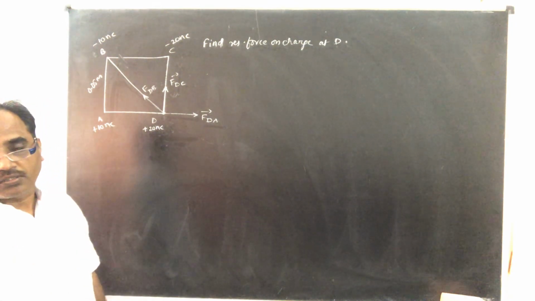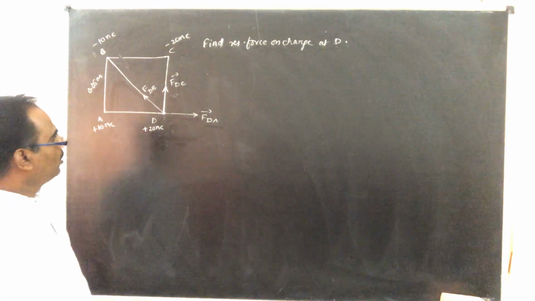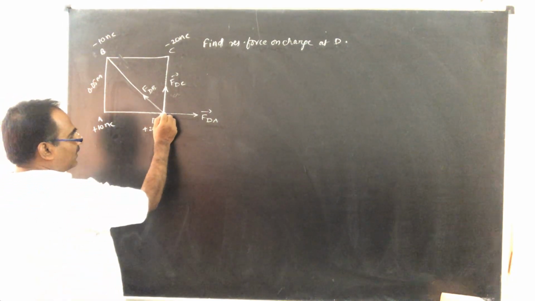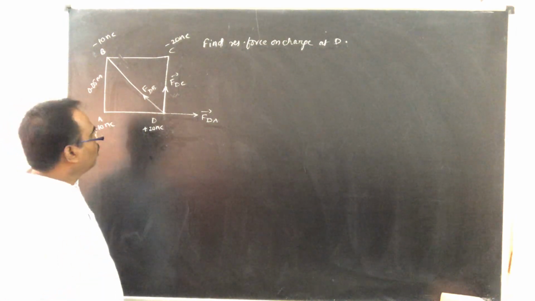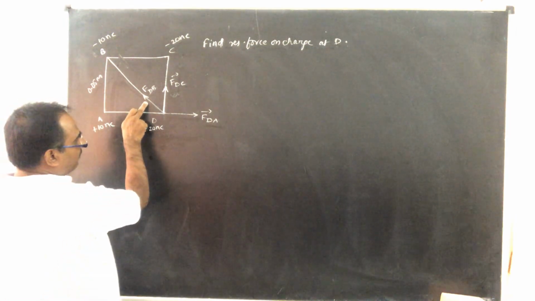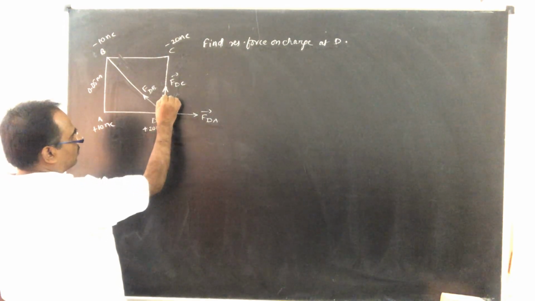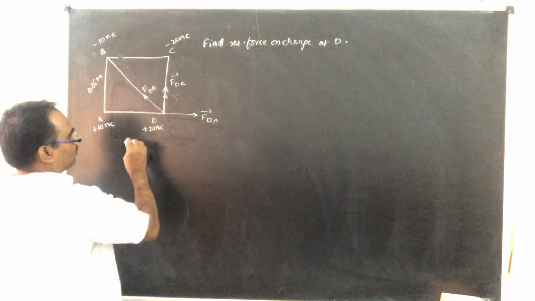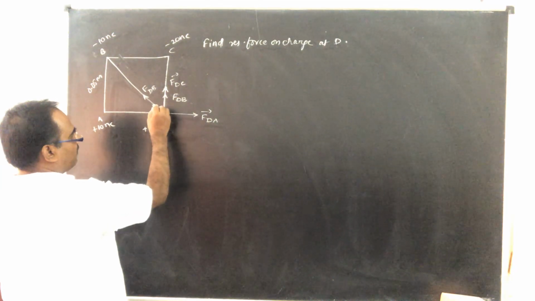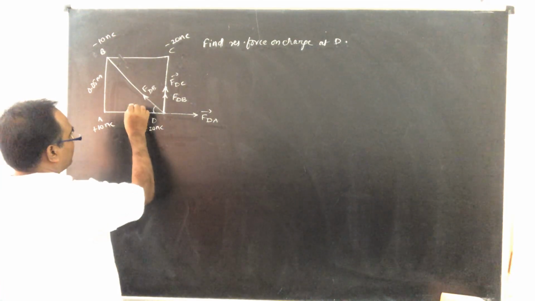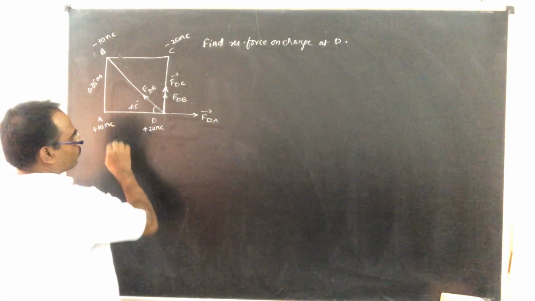So what you have to do is, to find the resultant force on the charge at D, you resolve this FDB into two components. If I take this angle as theta, this angle becomes 45 degree because this is a square.